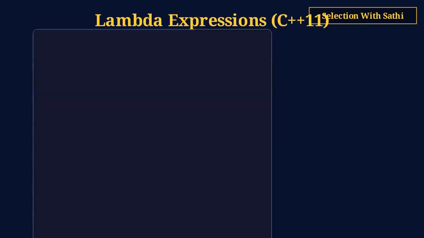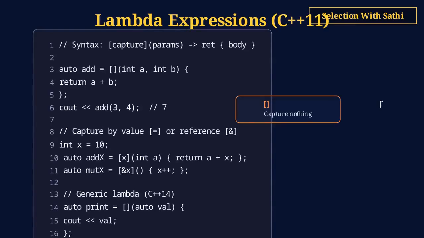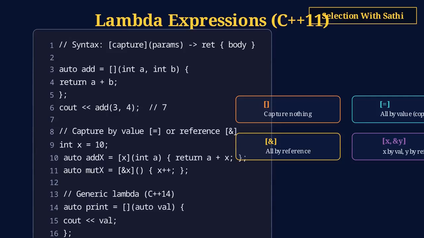Second concept, lambda expressions. A lambda creates an anonymous function inline. The syntax is square brackets for capture, parentheses for parameters, arrow for return type, and braces for the body. The capture clause controls what variables from the surrounding scope the lambda can access. [=] captures everything by value. [&] captures everything by reference.